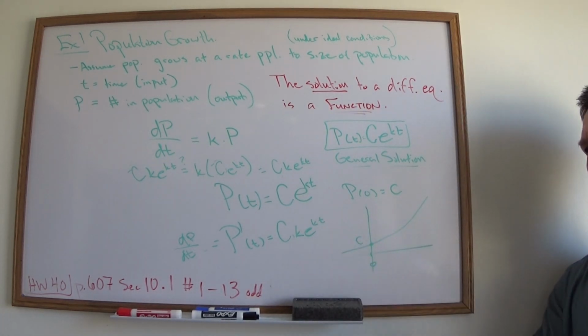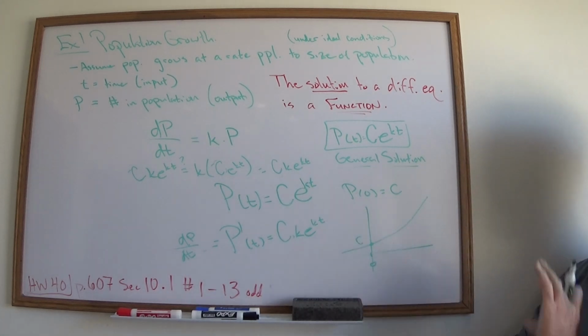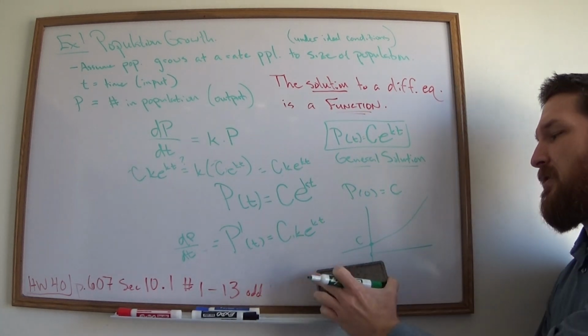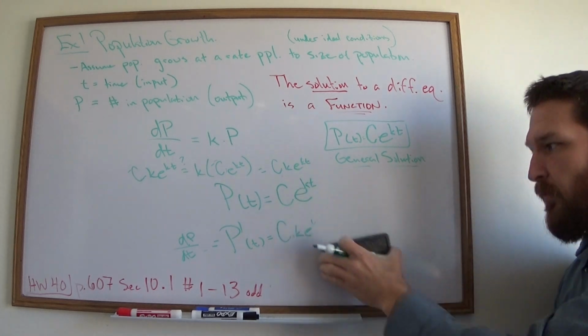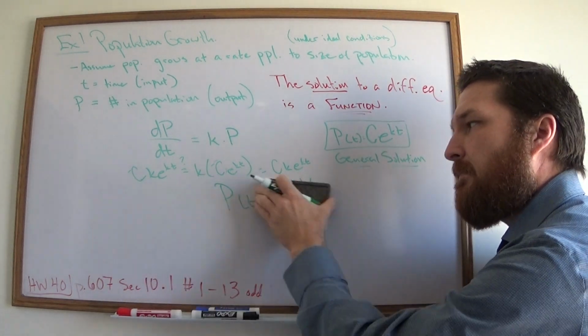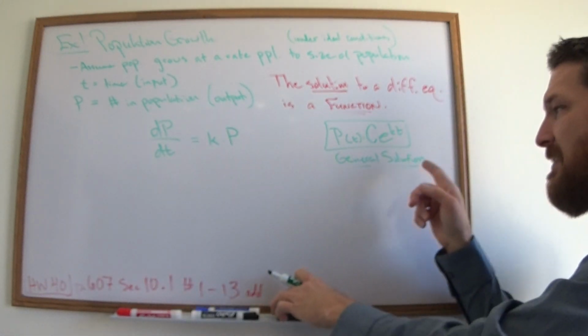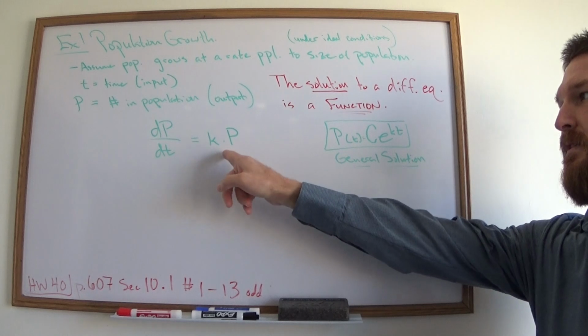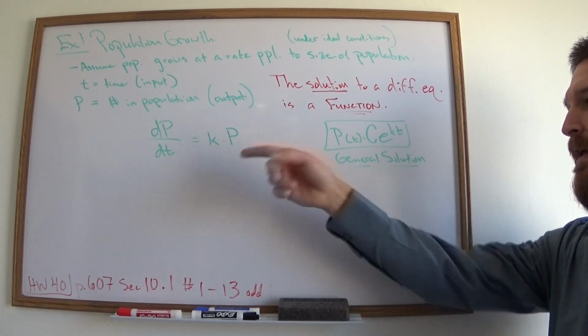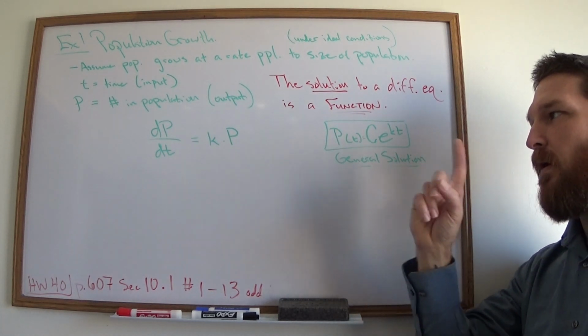We'll get into this in just a second. We're not quite ready to get there yet, but let me finish talking about it. So this is the general solution to this differential equation right here. And this general solution is not one thing.